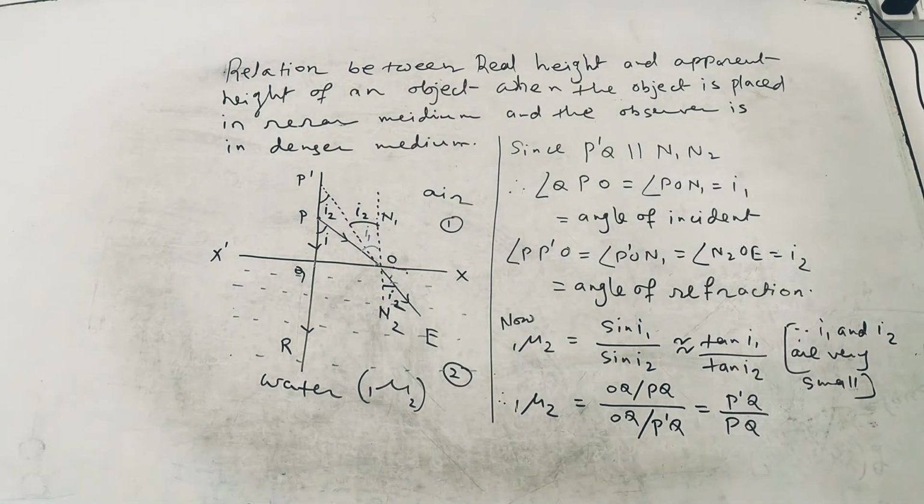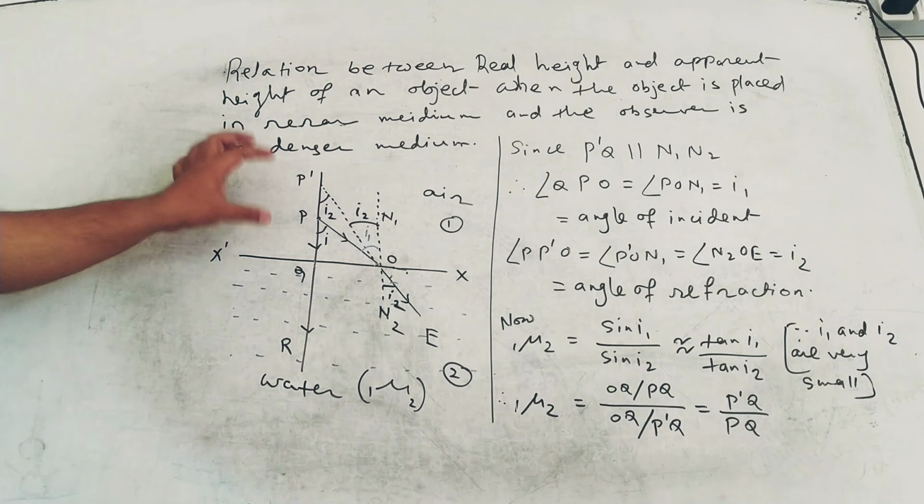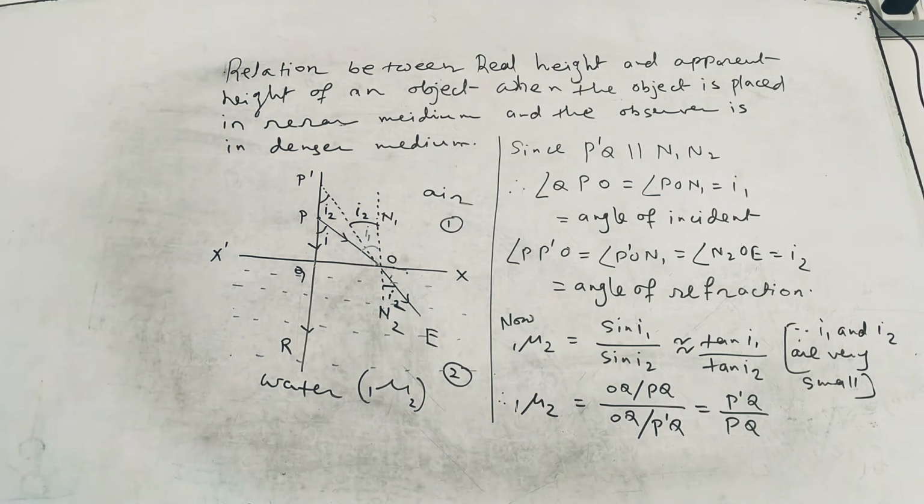This is the relation between the refractive index of the denser medium with respect to the rarer medium with the real height and apparent height of the object.